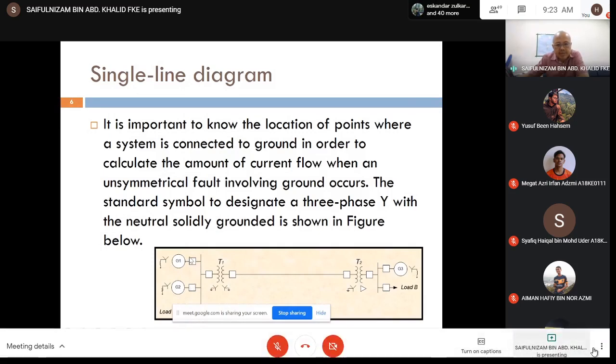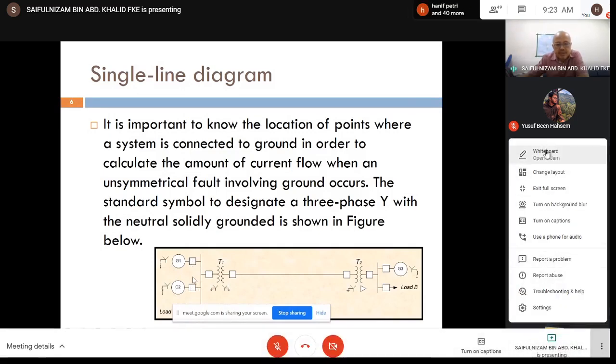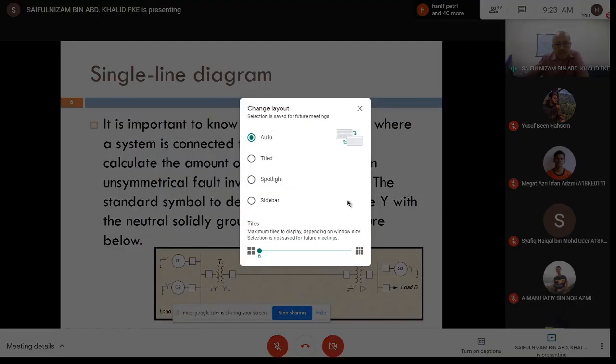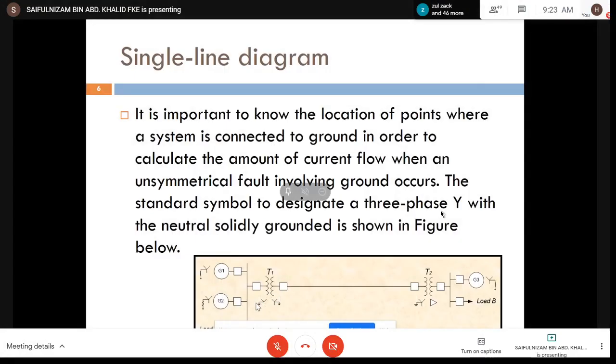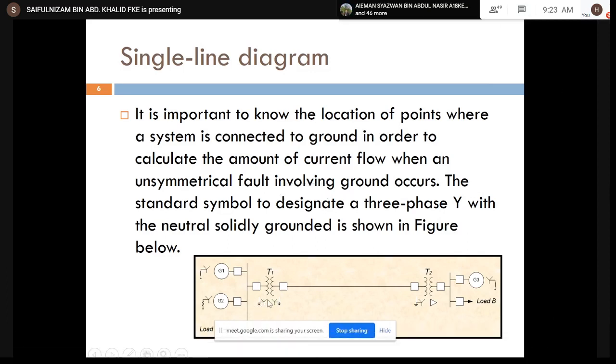The rectangular block is the symbol for the circuit breaker. This is transformer T1, both sides star connection with solidly earthed, or solidly grounded.